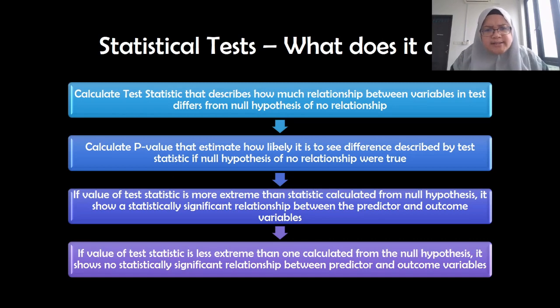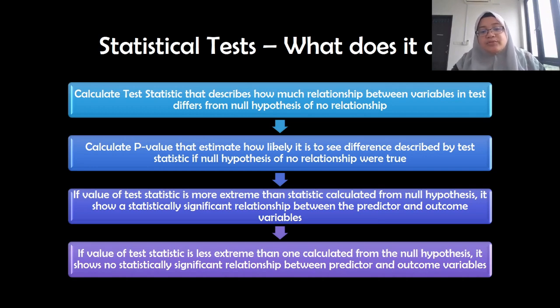Okay, so what does a statistical test actually do? Basically, it will calculate the test statistic that describes how much the relationship between variables in the test differs from the null hypothesis of no relationship, and then it will calculate the p-value that estimates how likely it is to see the difference described by the test statistic if the null hypothesis of no relationship were true.